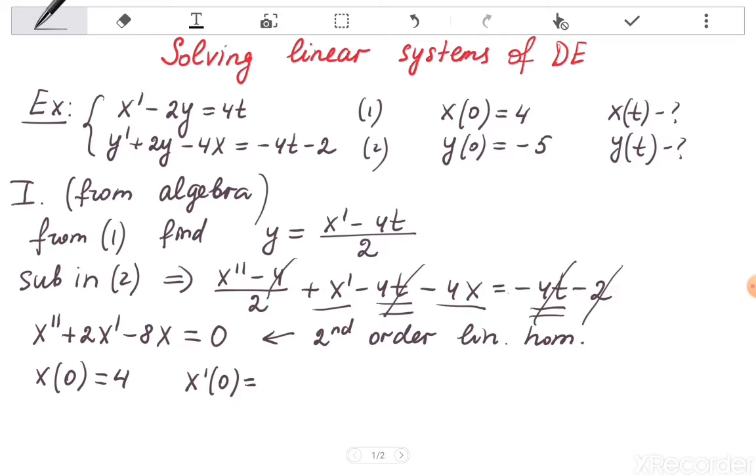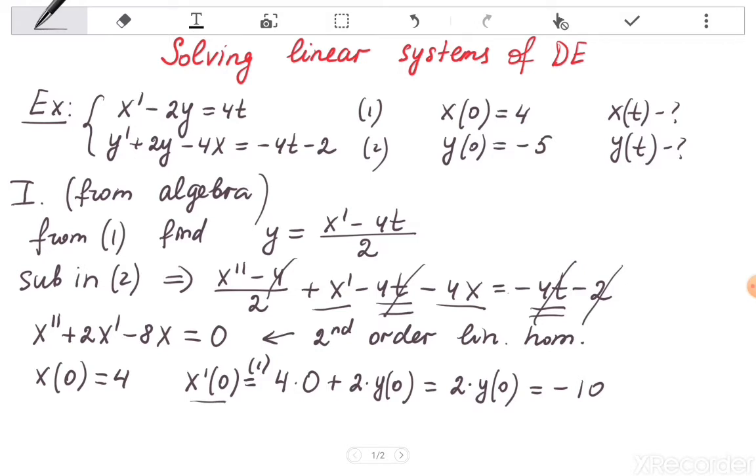We can find it, for example, from the first equation, just substituting 0 into the equation and moving y to the right, we obtain 4 times 0 plus 2 times y of 0. And y of 0 is given. This is minus 5. So this is 2 times minus 5, which is minus 10. So that's it. We have the initial value for the derivative as well.